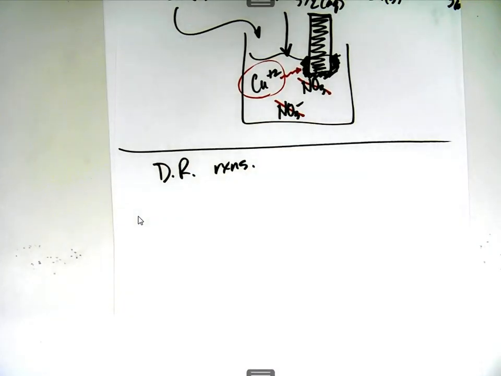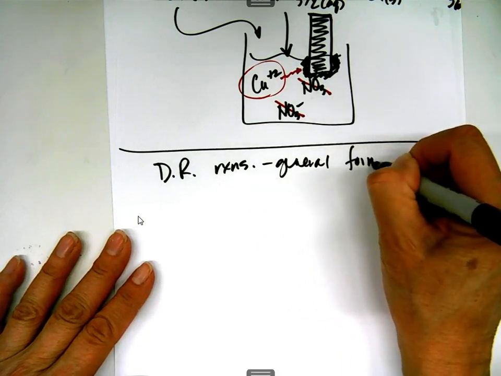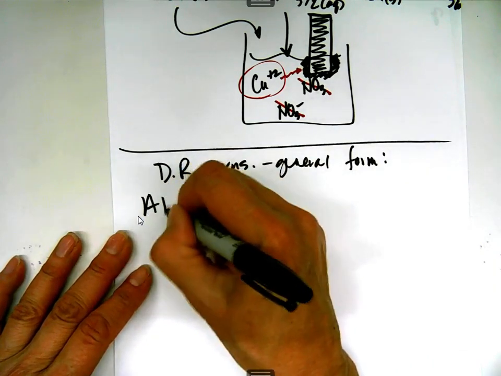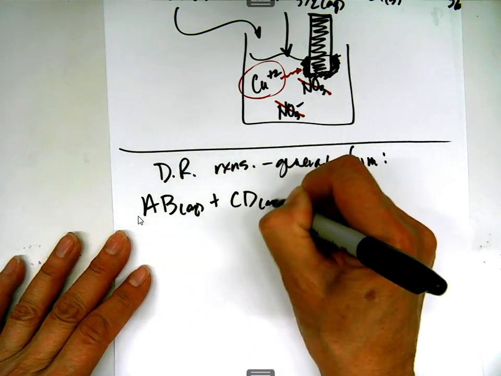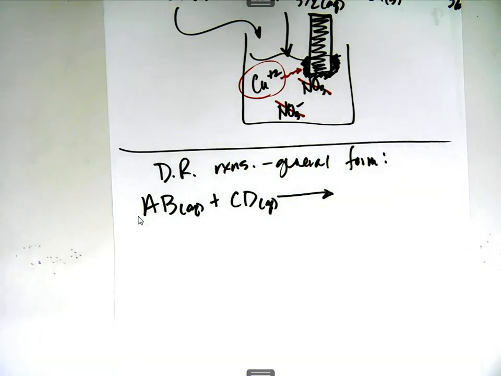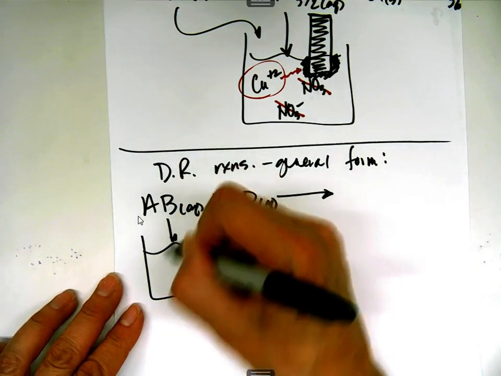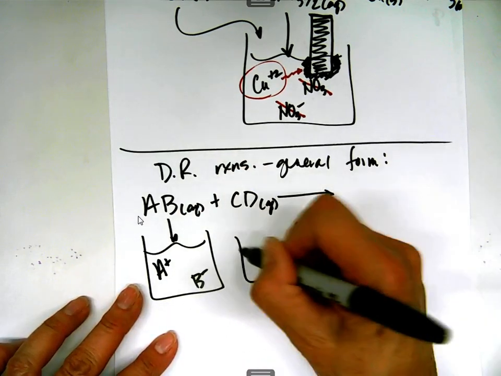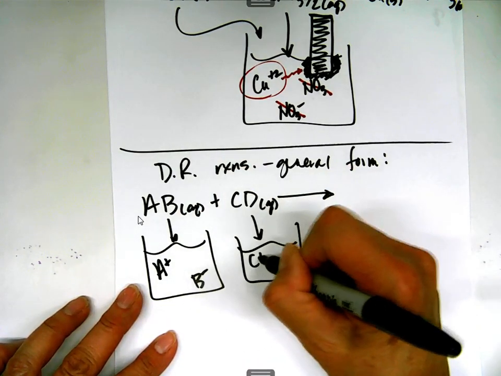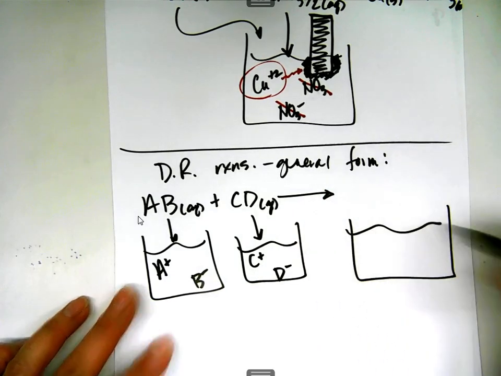All right, the general form for double replacement reactions is going to be two aqueous solutions, right? That react. Here's one aqueous solution, we call it AB, with A ions and B ions. The second aqueous solution, we have C ions and D ions. I pour them all together into one giant container.